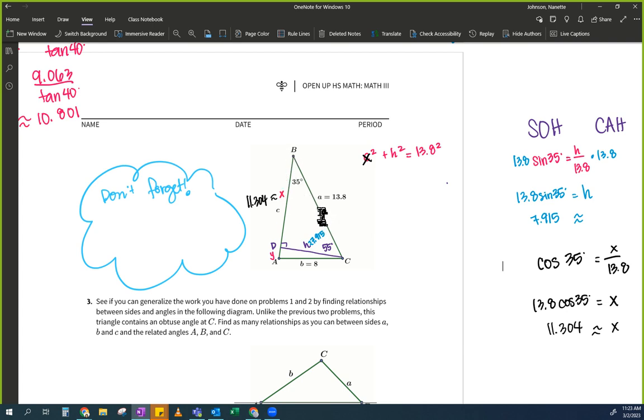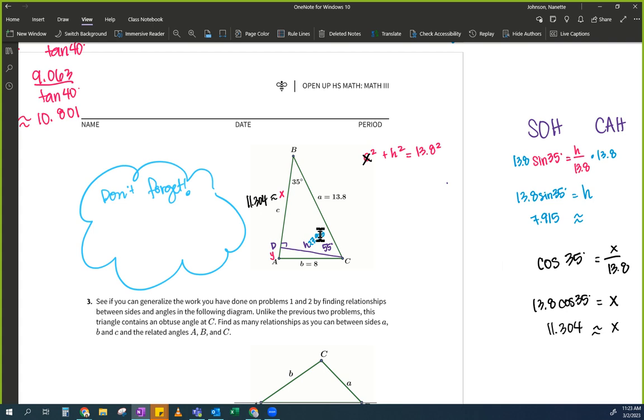So the angle is actually this side, and this opening is called the angle here. But do you notice how this angle shares nothing with the opposite? But this shares a side with the angle. Does that make sense? It's one of the sides of the angle. The hypotenuse is always going to be across from, opposite of your 90-degree angle.